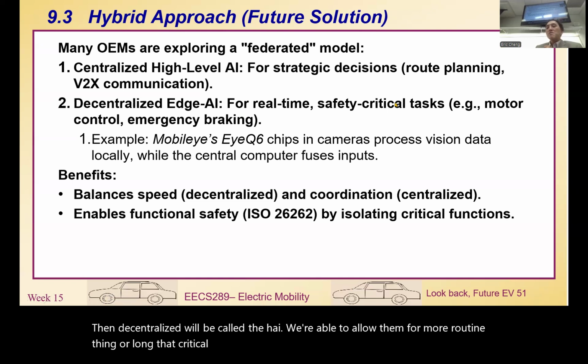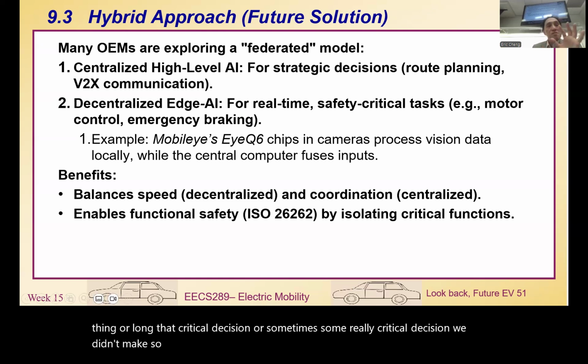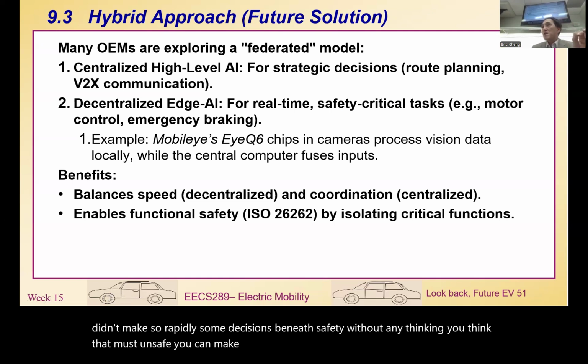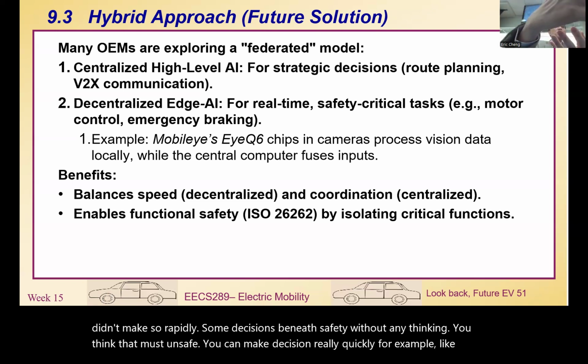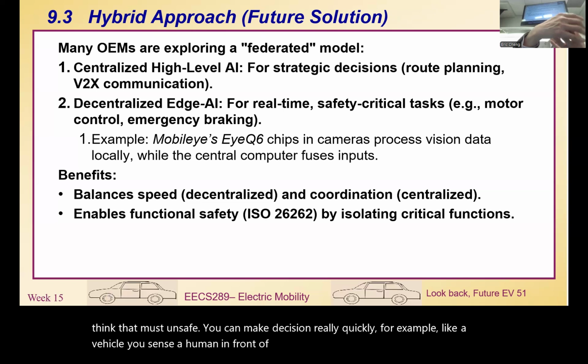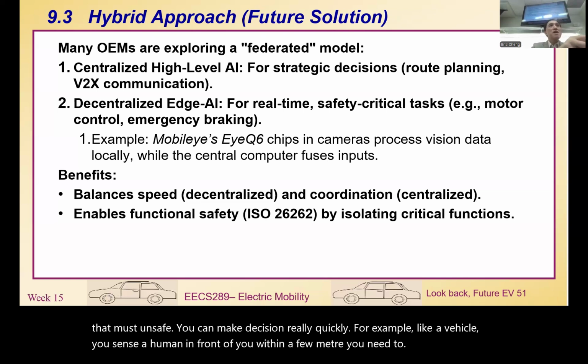Or sometimes there are really critical decisions that we need to make so rapidly. Some decisions related to safety need to be made really quickly, without much thinking. For example, when your vehicle senses a human in front of you within a few meters, you need to make a quick decision. You need to stop your vehicle anyway.